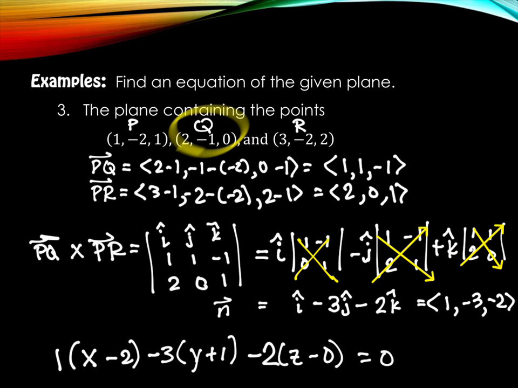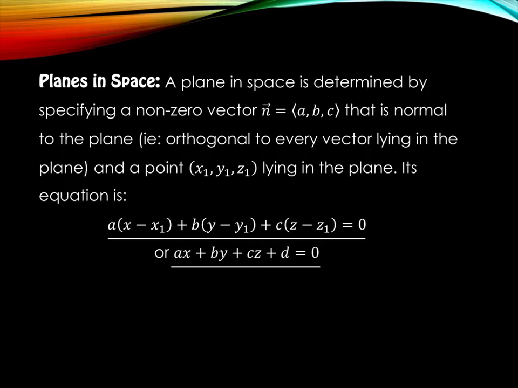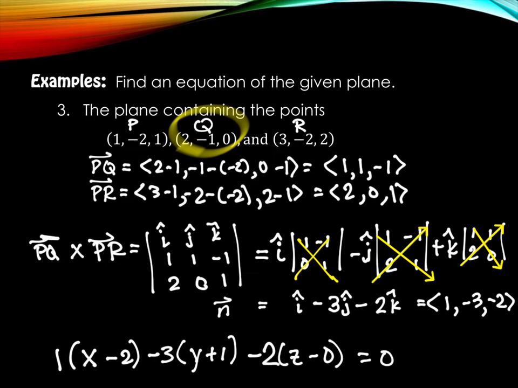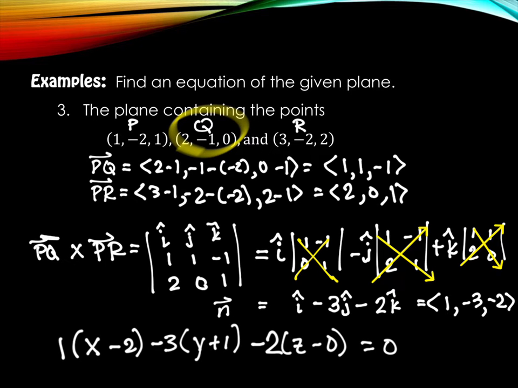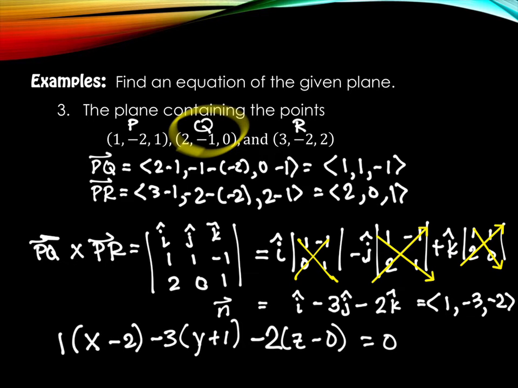That's all well and good. We're going to clean it up some. We're going to actually flush it out to the point where it looks like this one at the bottom all cleaned up. Okay? So do some distributing and combining like terms, that sort of thing. All right, so I have x minus 2 minus 3y minus 3 minus 2z equals 0.